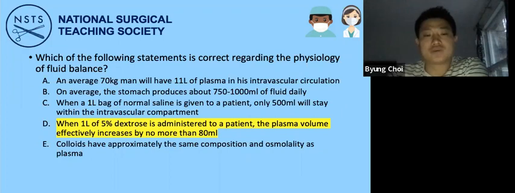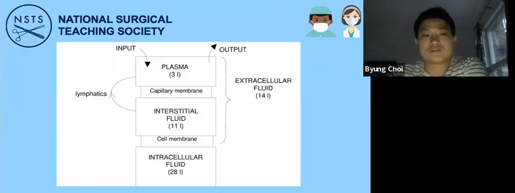I'll show you this diagram first of all. Typically, I believe still for the exam, they will use your standard male 70 kilogram person and the fluid breakdown of those. So those are the ones that you should try to learn and remember.